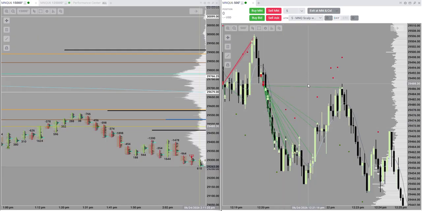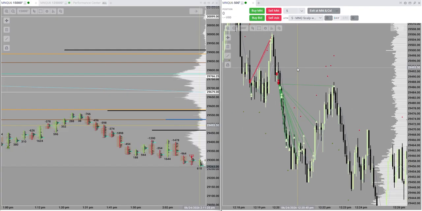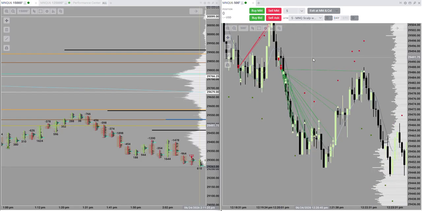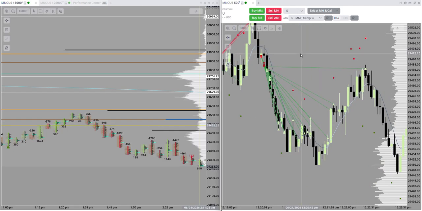Pretty wrong. I shouldn't be trading 30 contracts. Worst case scenario, $1,500, I think. No, $900 loss would be worst case scenario, which obviously puts me on my back foot for the rest of the session.